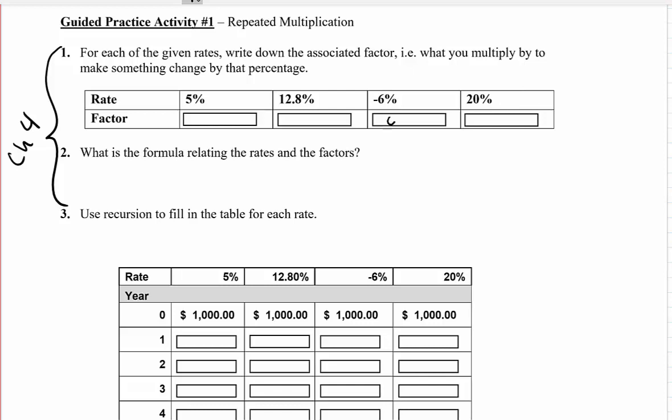I am going to do this one for you because I'm going to do part of the next part for you. Now remember, the reason why that's 0.94 is because the factor is 1 minus, in this case, 0.06, because the rate is negative, and that's how I get 0.94.